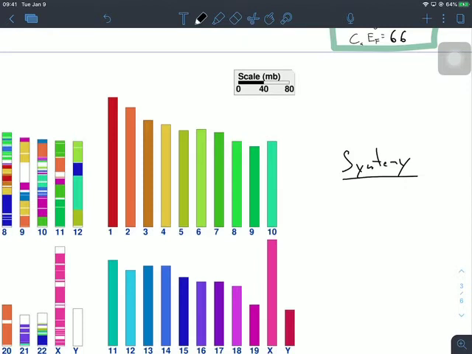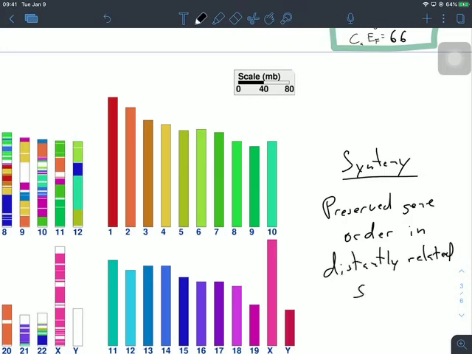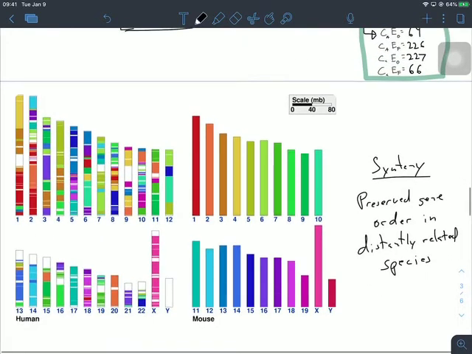Synteny is our way of looking at preserved gene order in distantly related species. And it's our way of looking at how the genome has restructured itself through time.